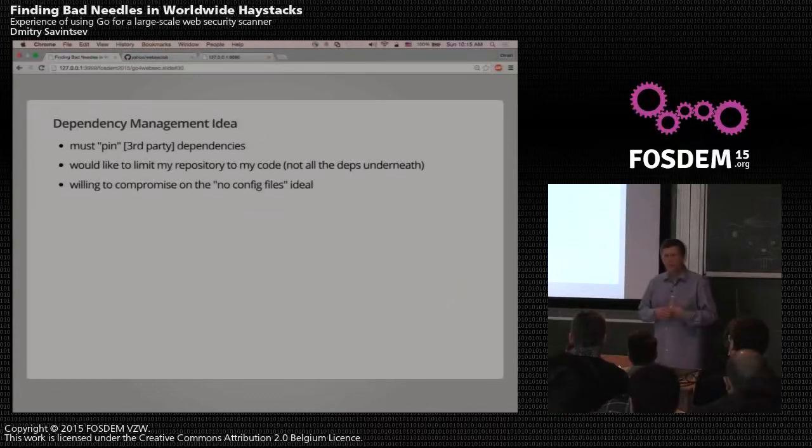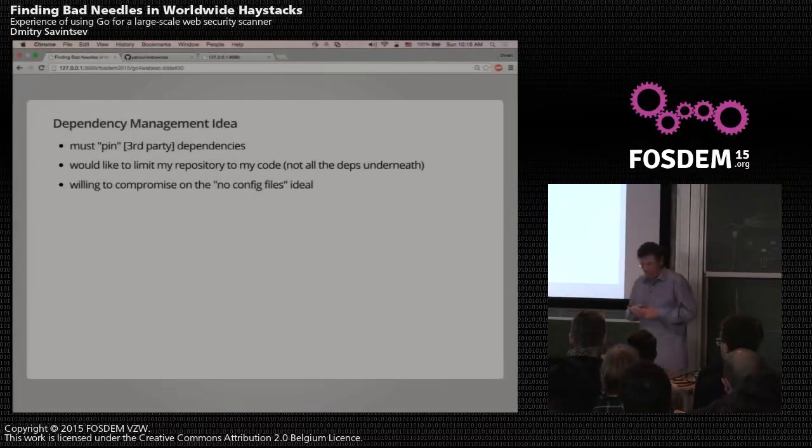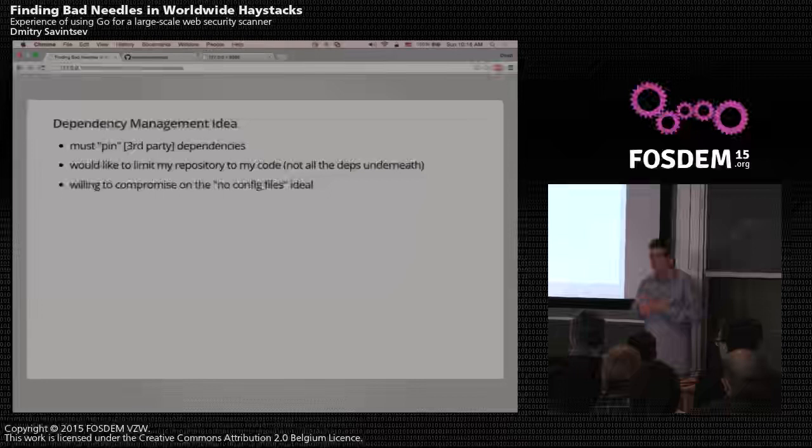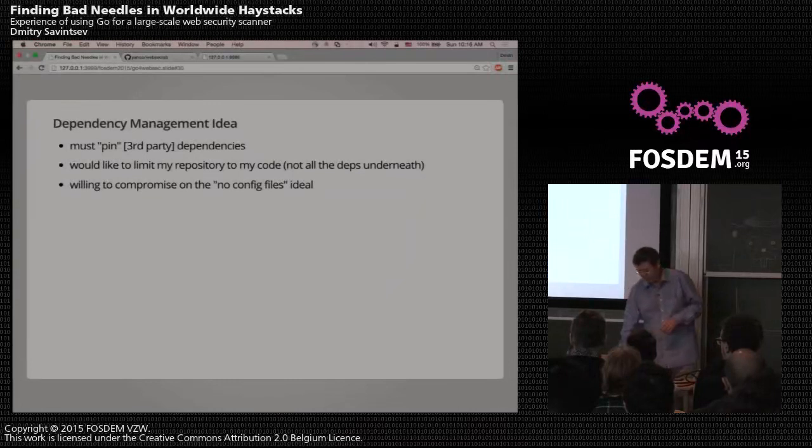It may be necessary outside, but we trust that our mirrors will not go down, or that they have proper replication. And Go has this idea that there shouldn't be config files, but if we want to pin the third-party dependencies, then we are willing to compromise on the no-config-files ideal.